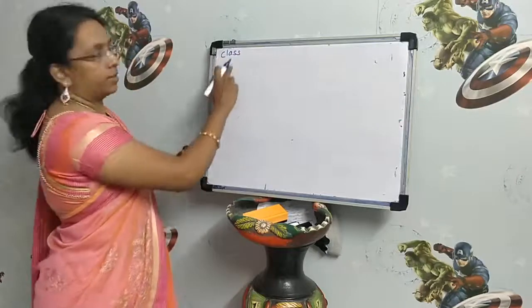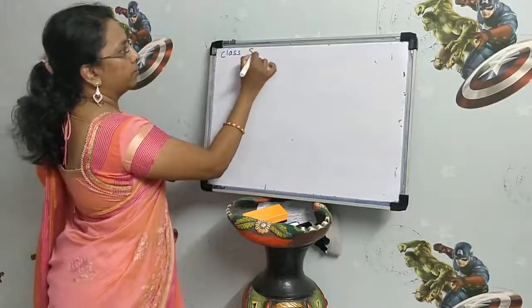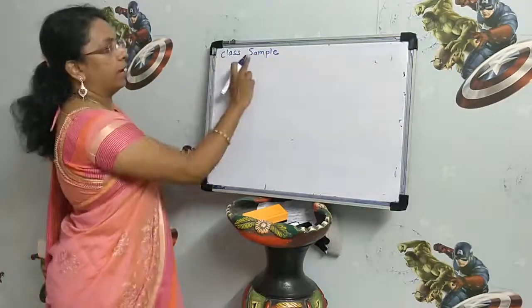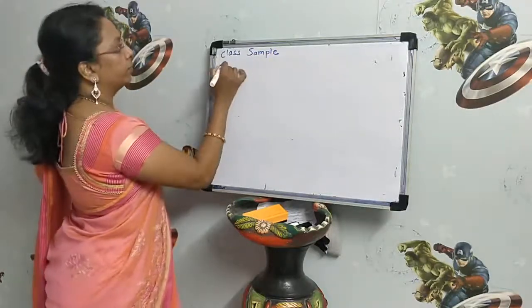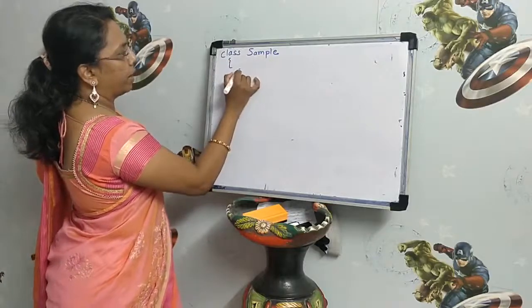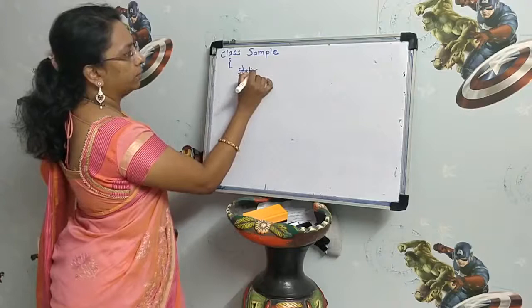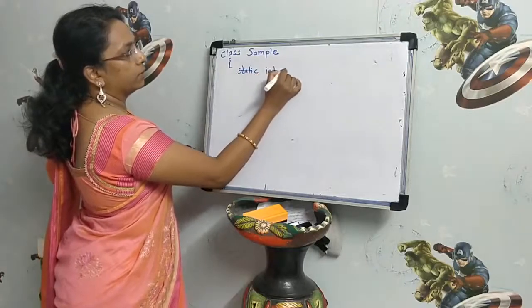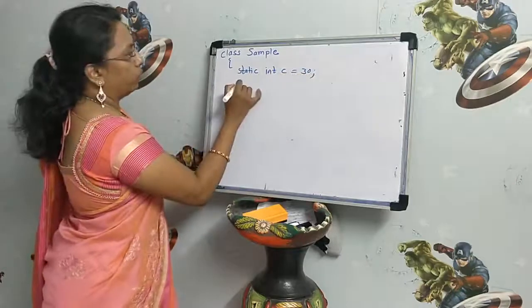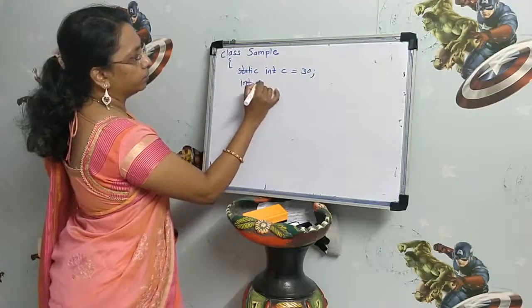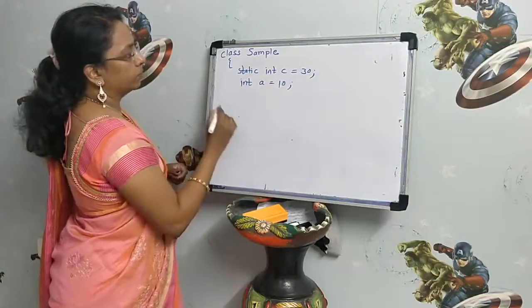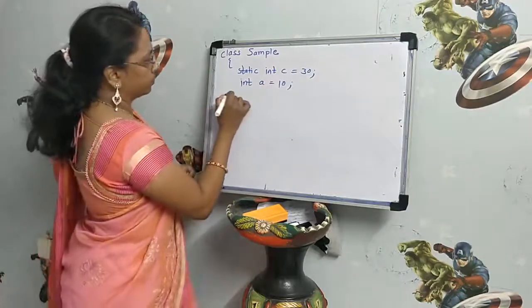So let's write class. Let's define the class name as Sample. This is my class name. S should be capital here. Now here I am defining one static variable, static int c equal to 30. Then one more variable, int a equal to, let's say, 10.